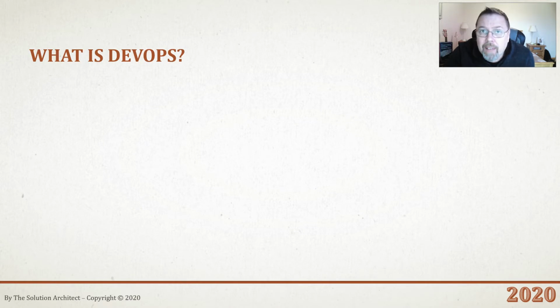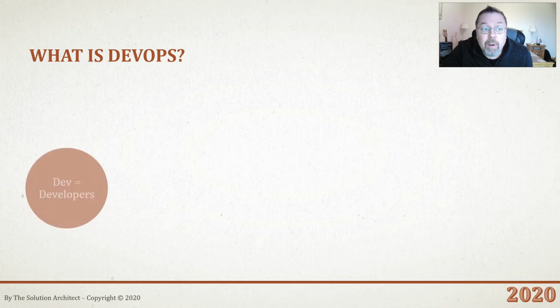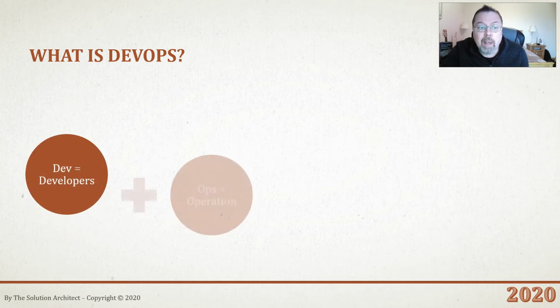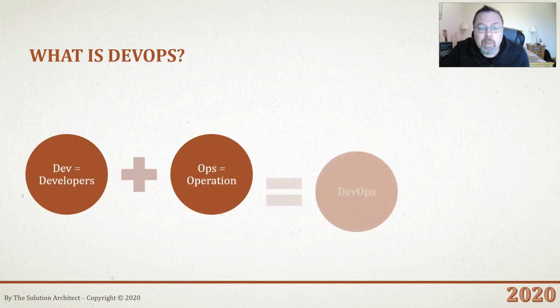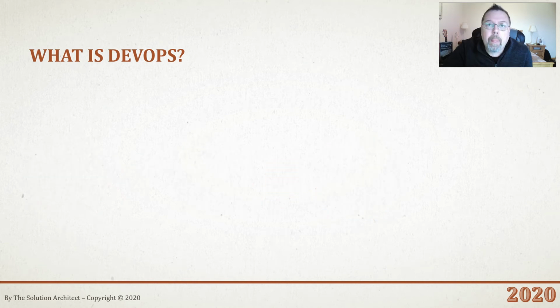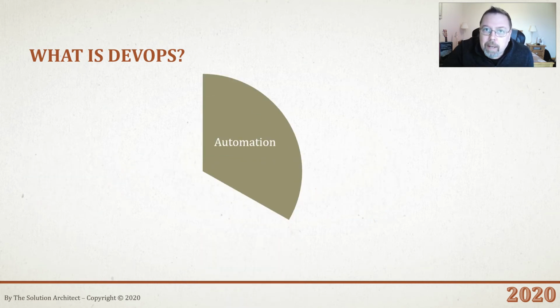Okay, so what is DevOps? The general consensus around DevOps is that you bring developers and operations together, and that's where the name DevOps comes from. It's all about automation. It's about automating the process of creating code, checking in code, and then at the end of the day, what you want to get to is a fully automated process to take your code to production.